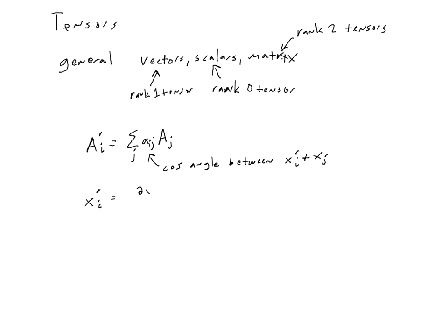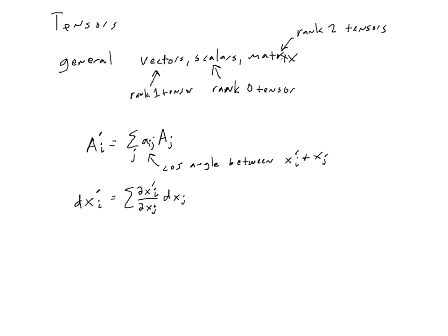If you sum the derivative of x_i prime with respect to x_j and multiply each of those terms by dx_j, the result should be dx_i prime.